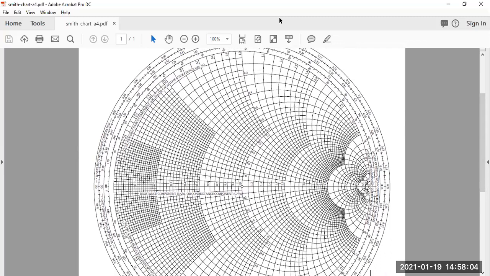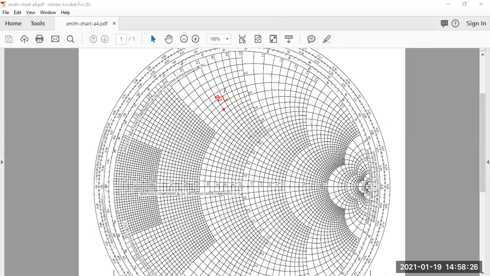So let me draw it again. So this is the location of the load impedance that we have identified. This is ZL dash.